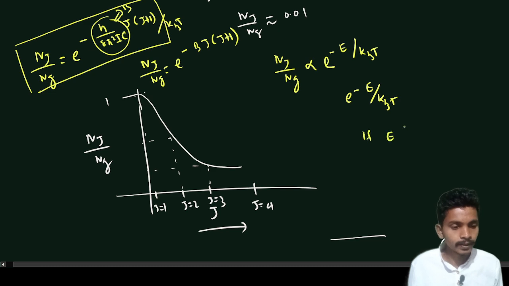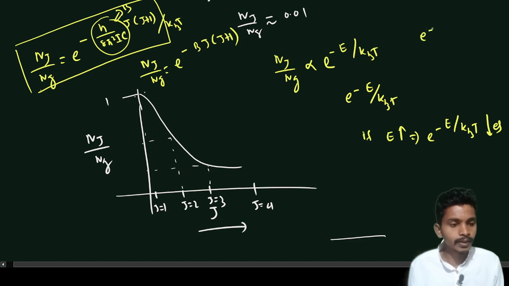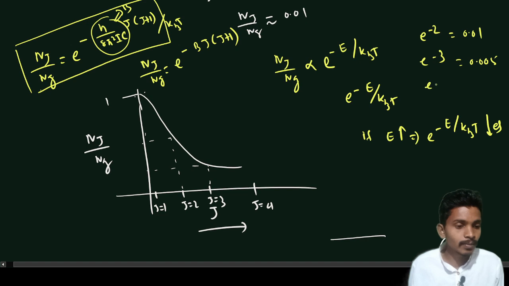If energy increases, then the whole value e to the power minus E upon kBT decreases. For example, if this value is 0.1, then it goes to 0.05, so if you increase this value, the whole value keeps decreasing.